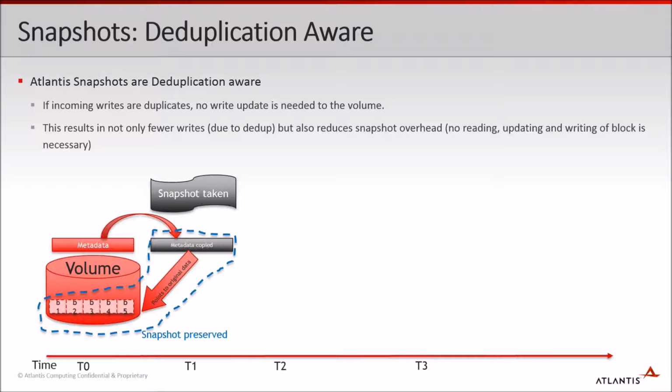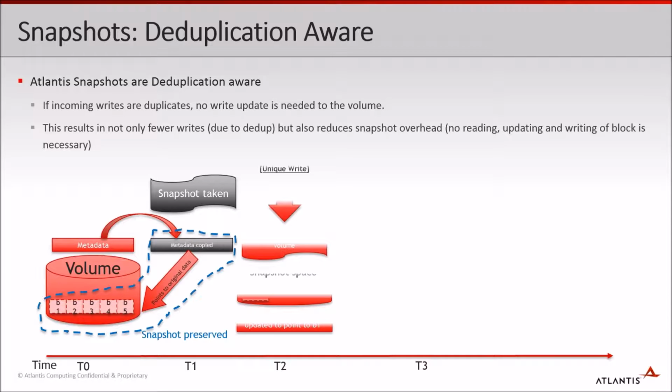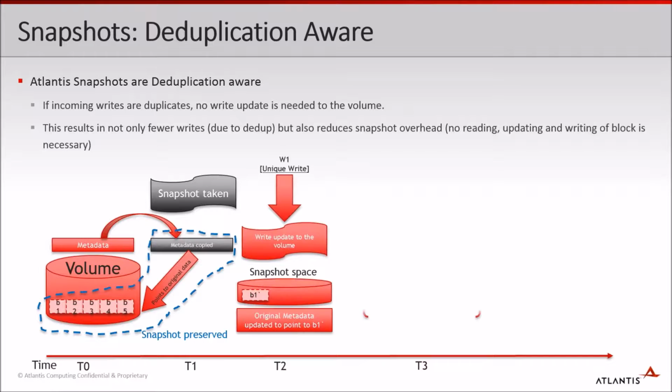Because the write is unique, we do have to write it to the back end. However, we do not update existing blocks. We write it at a separate place, something we call snapshot space. That way, we avoid the dreaded read, modify, write sequence, which is bad for performance.